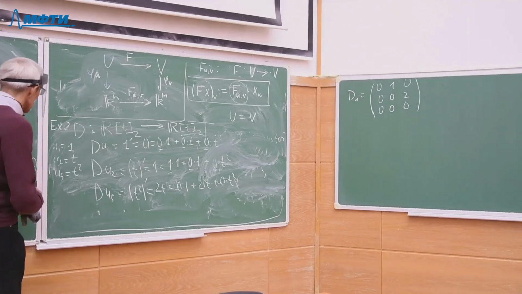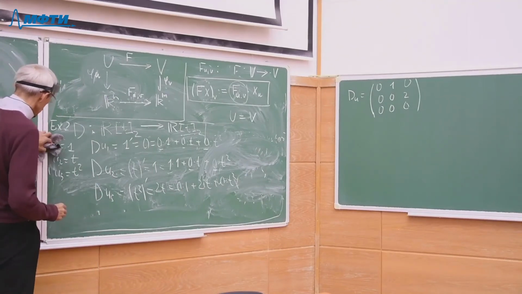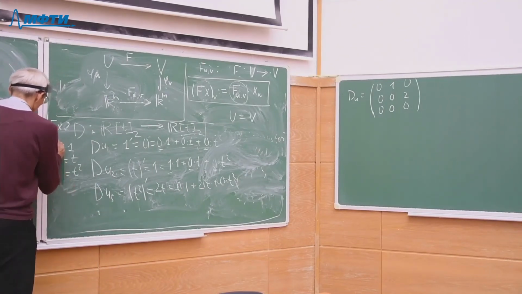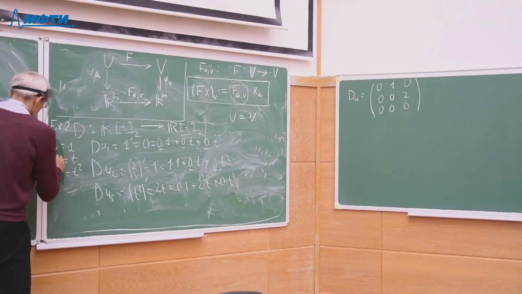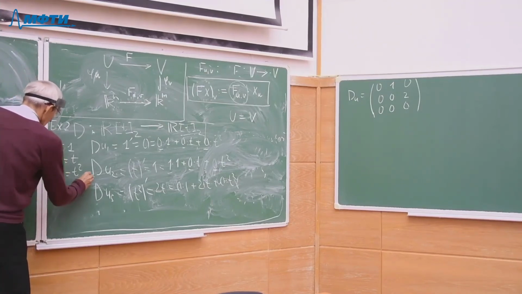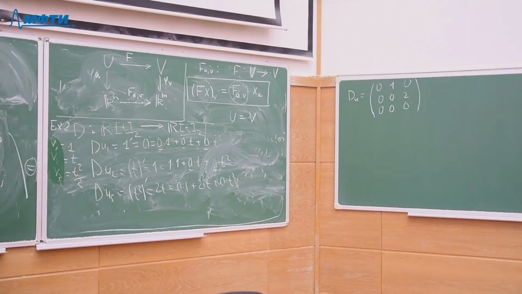I suggest to consider other bases, V, for example, V1, V2, V3: 1, t, and t squared over 2. How to change our matrix in this case?